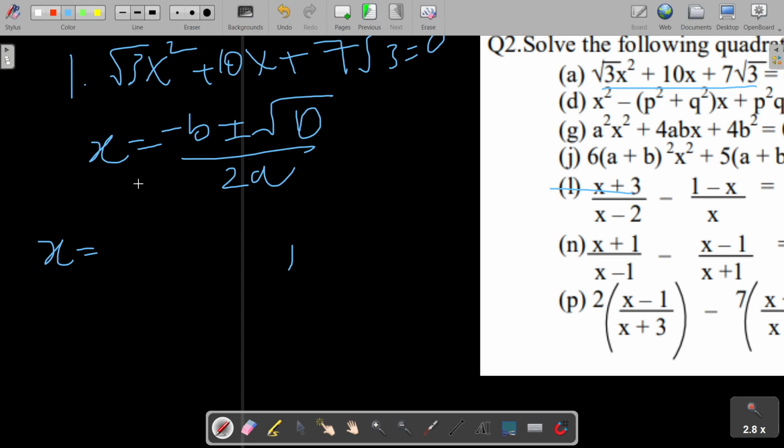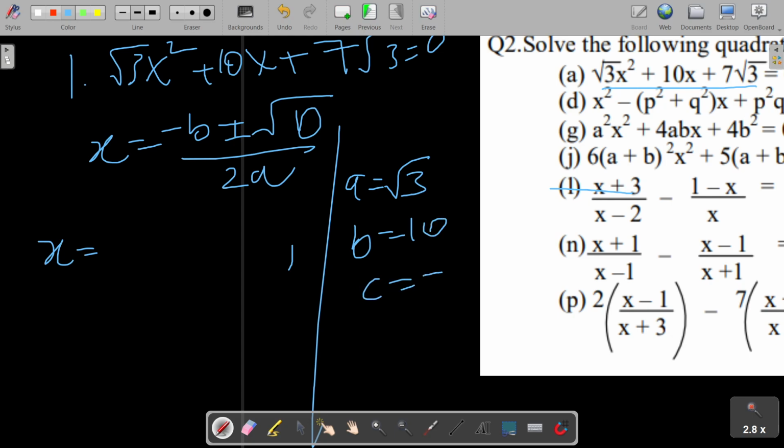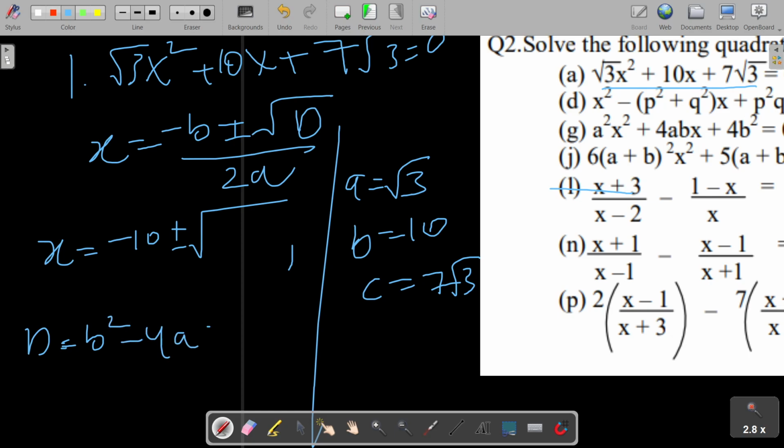So here a is root 3, b is 10, and the constant c is 7 root 3. So x is minus 10 plus or minus root of the discriminant. The discriminant is b squared minus 4ac. Here b squared is 10 squared, which is 100, minus 4 into root 3 into 7 root 3.